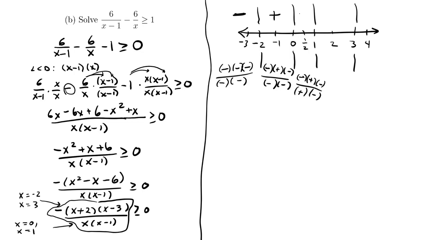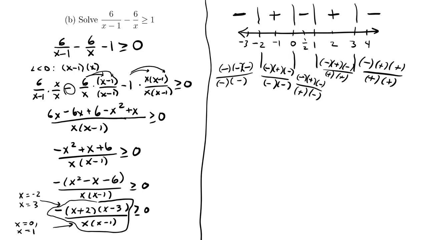So that's going to leave me with a negative. And putting 2 in, I get negative, positive, negative, over positive, positive. So I get a positive there. And finally, if I put 4 in, I get negative. That's already there. I get positive, positive, positive, positive. So I get an overall negative.